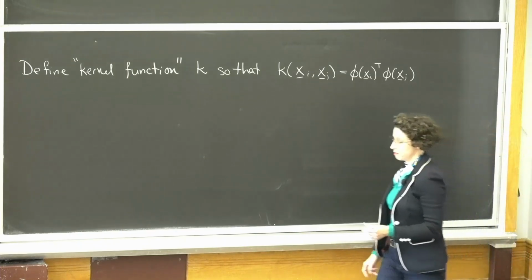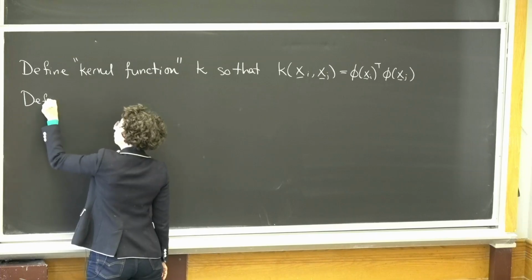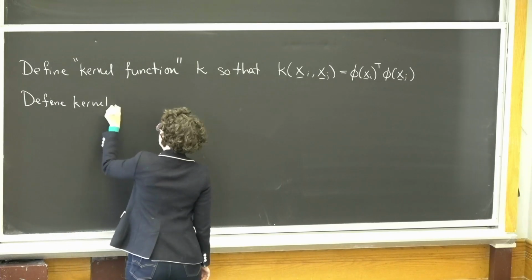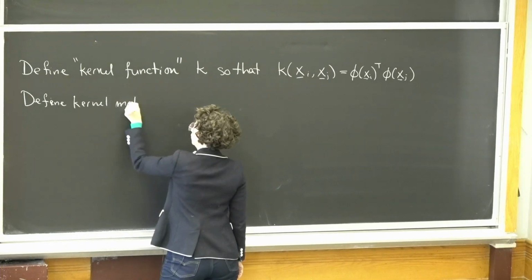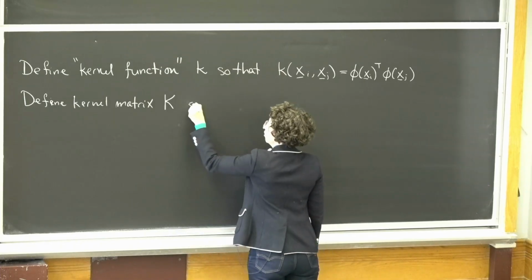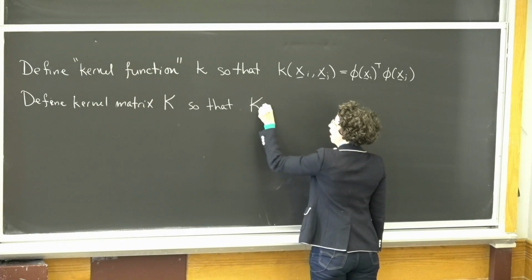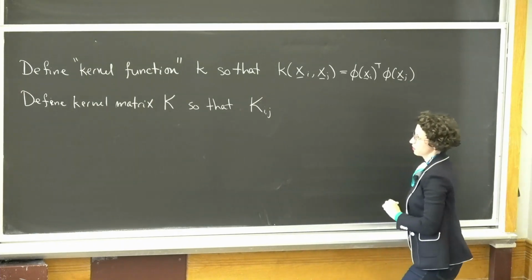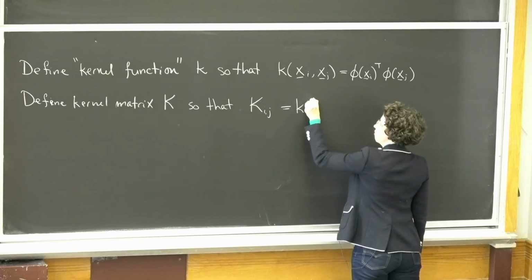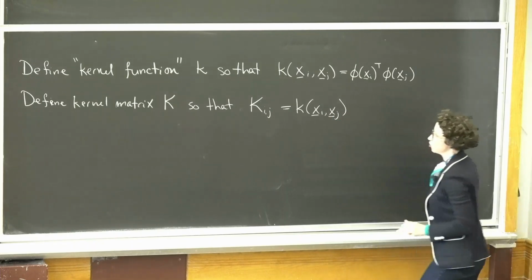So in particular, we can also define the kernel matrix, capital K, so that if I were to look at the ijth entry of that matrix, it's going to be equal to my kernel function applied to features xi and xj.